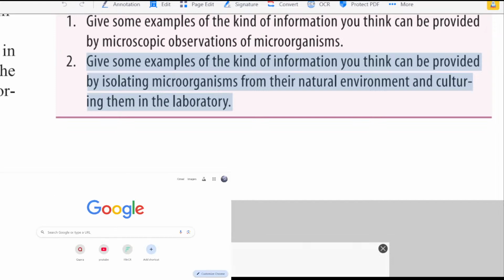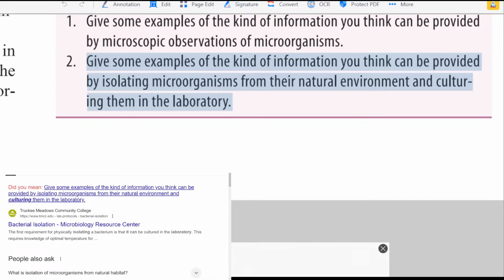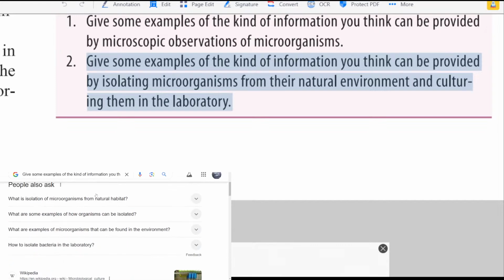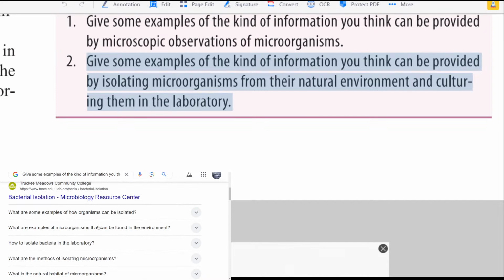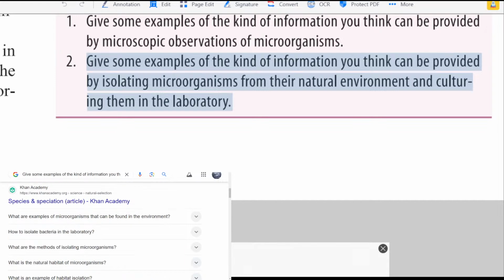Let's copy it. What the heck is this? Wait, did I read the question wrong? Give some examples of the kind of information you think can be provided.